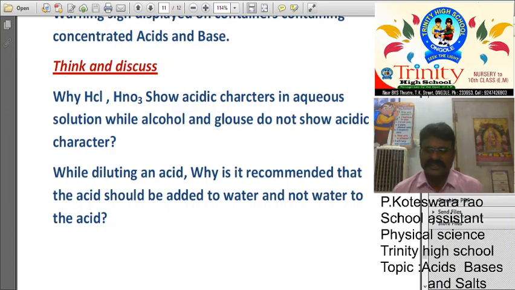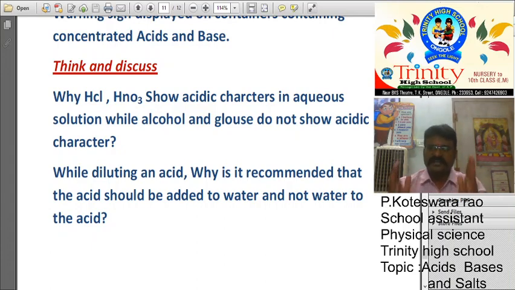HCl and HNO3 contain H plus ions, they donate H plus ions, whereas alcohol and glucose do not donate H plus ions. That's why HCl and HNO3 can show acidic character, but alcohol and glucose do not. Are you understood this question? Once again, why do HCl and HNO3 show acidic character in aqueous solution?